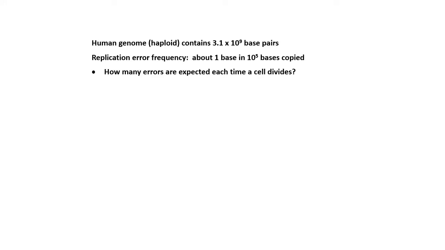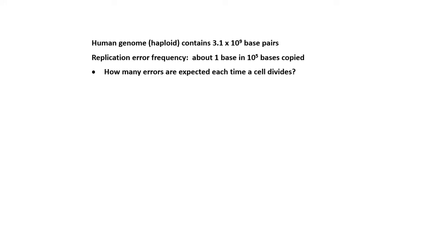And you've also got to remember that when a base pair is copied, each of those individual bases has to be copied. So the number of reactions in which a new base is introduced is not 3.1 times 10 to the 9. You've got to factor in those additional issues. And then each time that individual event happens, there's a probability of 1 in 10 to the 5 that the wrong one will be introduced.